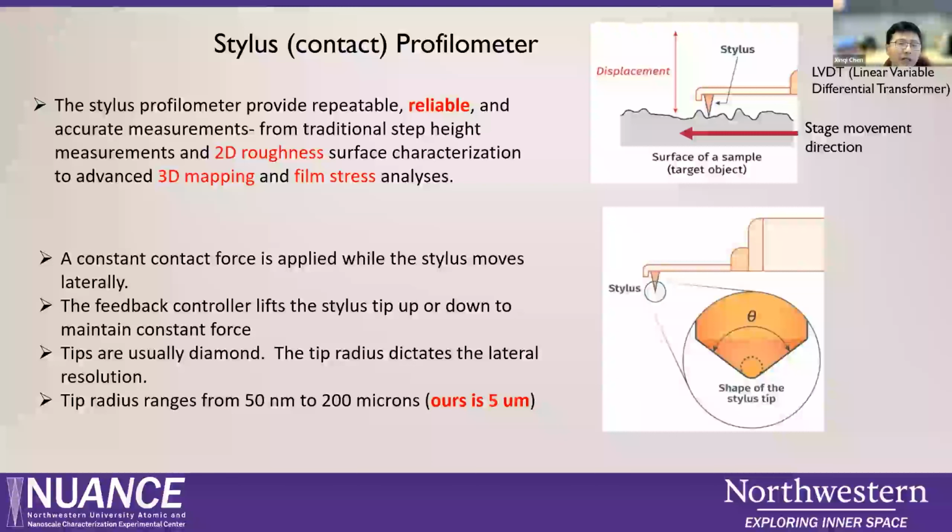The stylus profilometer gives you very reliable data. Why do we compare this one? For optical, for some samples, it cannot measure if the feature is too deep or too steep. But this one always gives you reliable data.